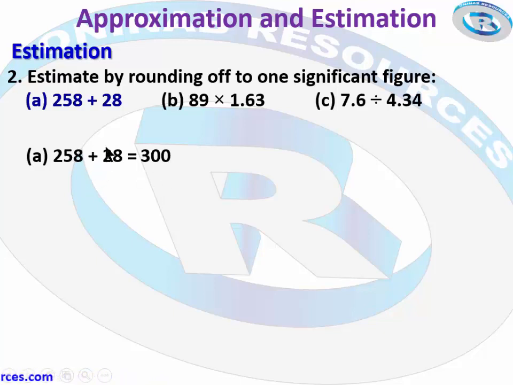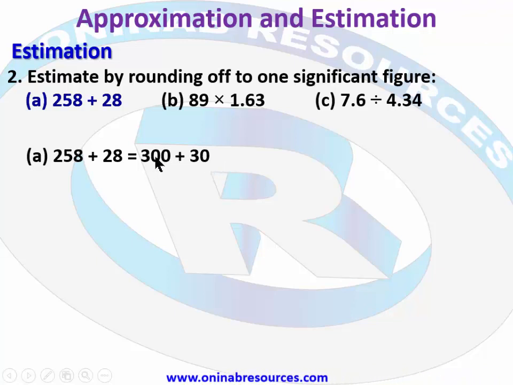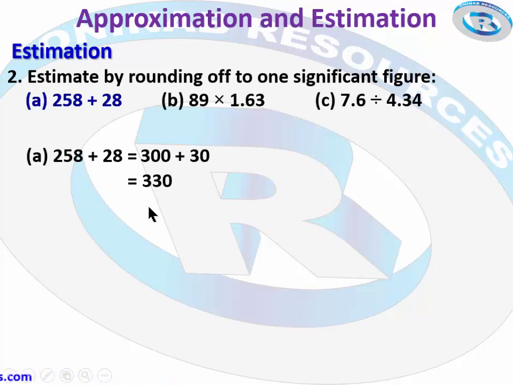So the same thing here. The first significant figure here is also 2. We have 8. We are rounding it up by adding 1 to this 2 to become 3. And our answer will be 30. So we say plus 30. 300 plus 30 gives 330. And that's all for A.